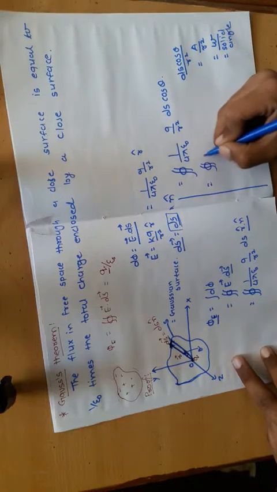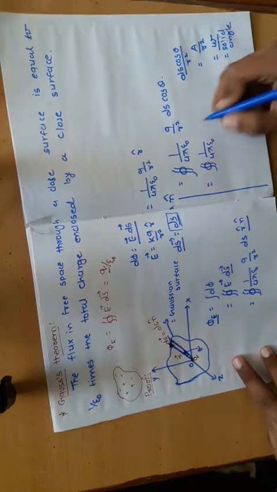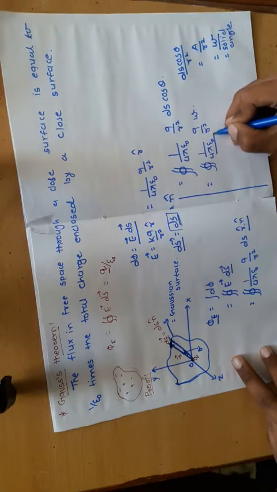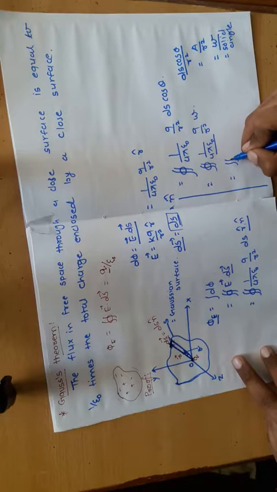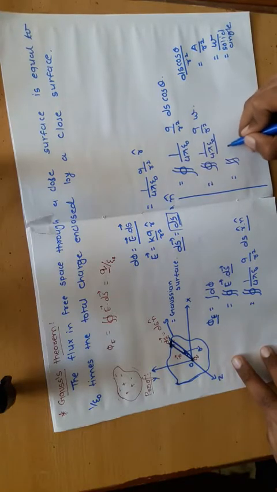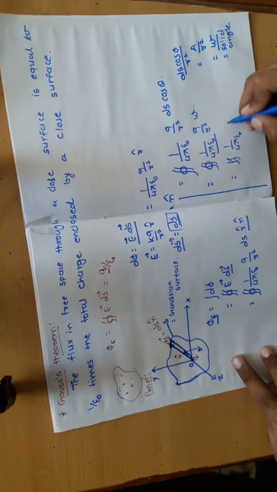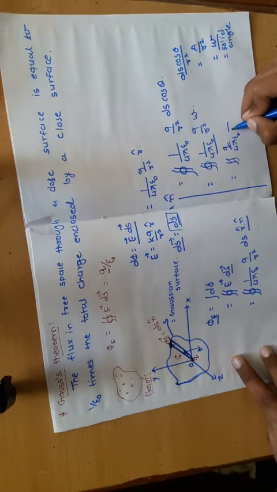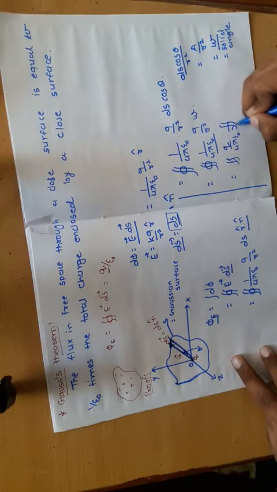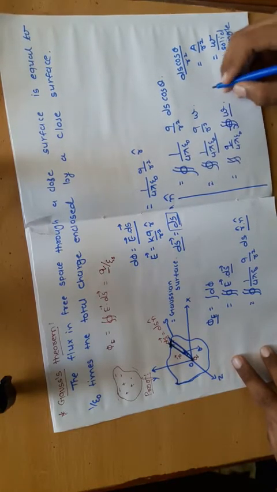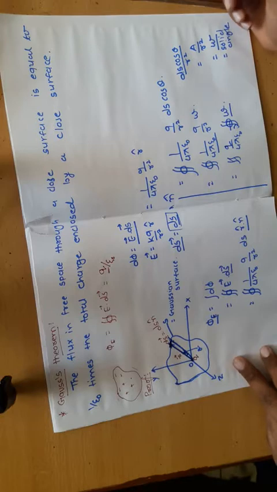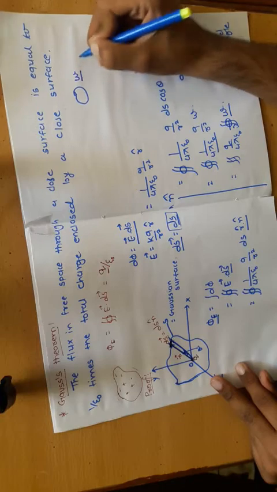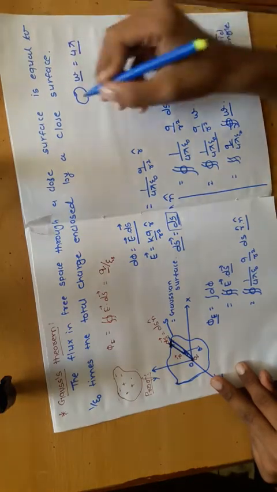So this equation will be 1 upon 4 pi epsilon naught q upon r square into omega. These are the constant quantities, so I will write 1 upon 4 pi epsilon naught into q, and here the summation of omega. Omega is the solid angle, and for a closed surface the value of omega is 4 pi.